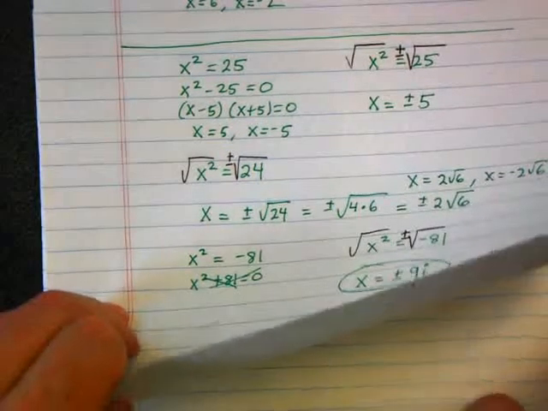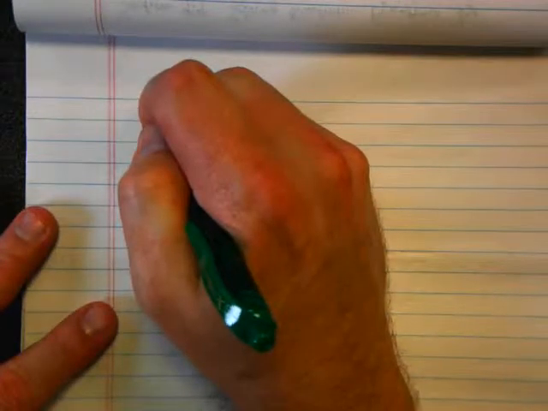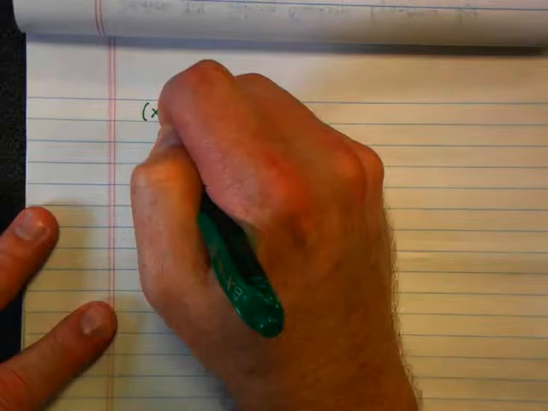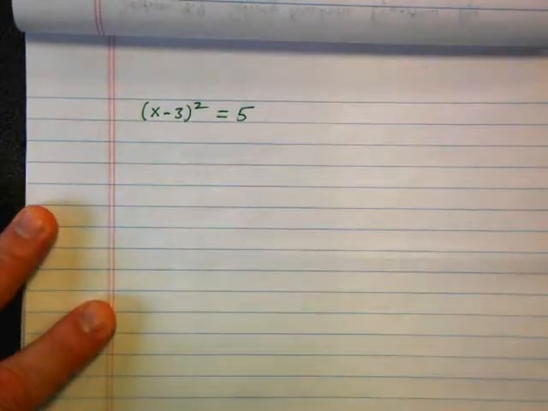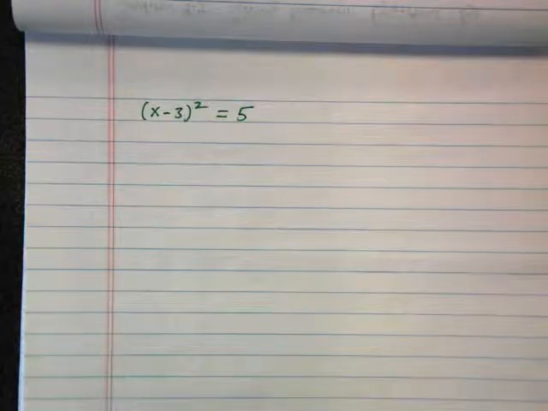Okay, how about x minus 3 squared equals 5? How would you solve that equation? Okay.